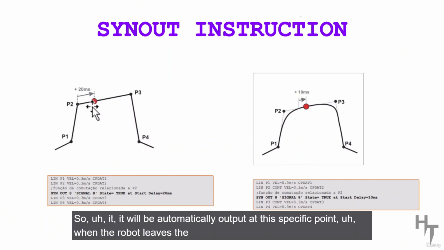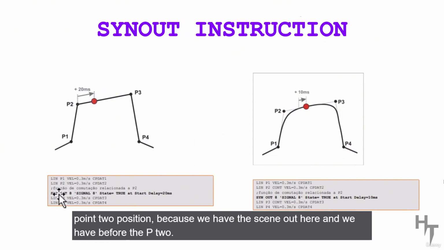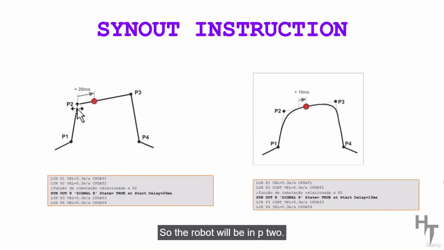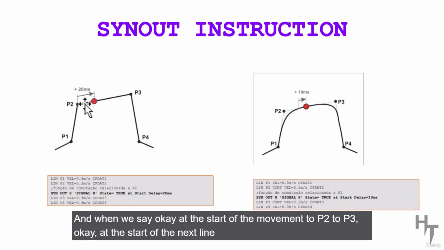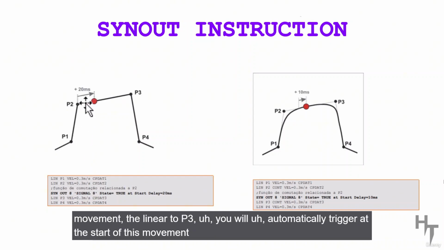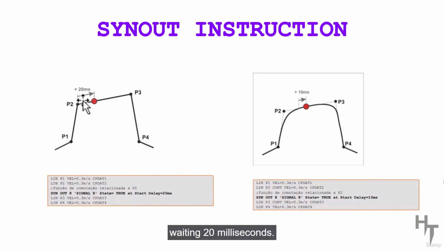So it will be automatically output at this specific point when the robot leaves the point 2 position, because we have the SYN OUT here and we have P2 before it, so the robot will be in P2. And when we say, okay, at the start of the movement from P2 to P3, at the start of the next linear movement to P3, you will automatically trigger at the start of this movement, waiting 20 milliseconds. So that's what happened.